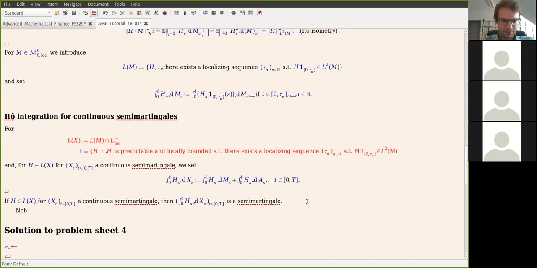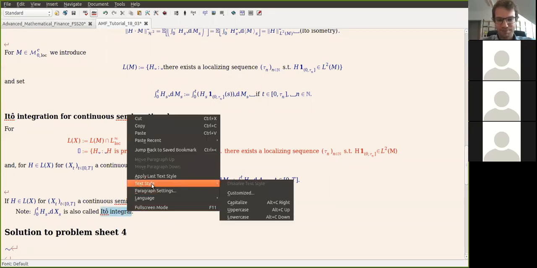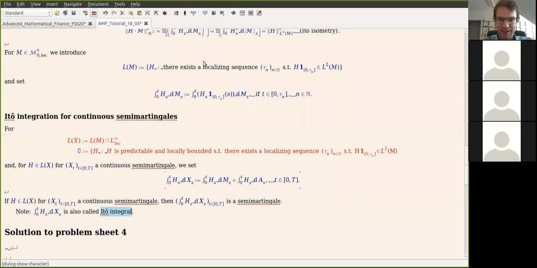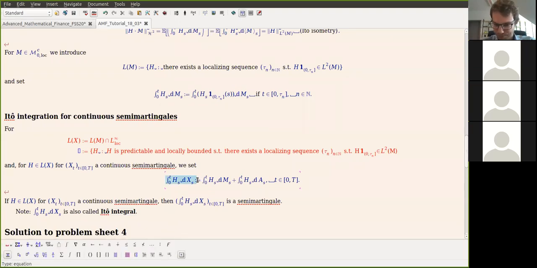And note this thing here is also called the Itô integral. This is a bit unfair, because half of it is just the classical Lebesgue-Stieltjes integral, but this is probably just being lazy, saying this is just the Itô integral.